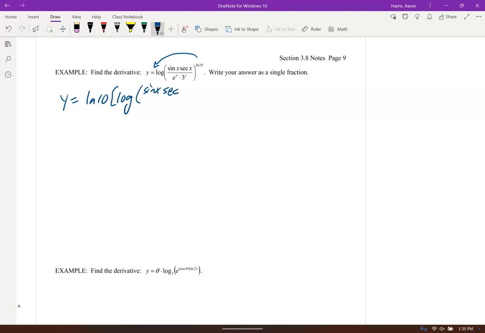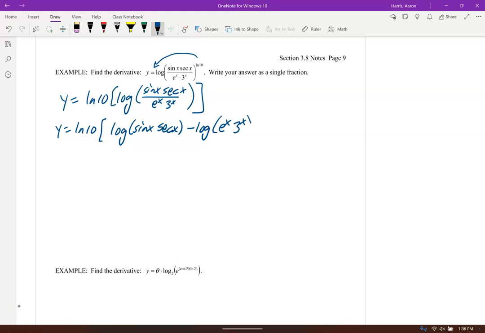Sine secant over e to the x times 3 to the x. And then I'm going to expand that. So I have ln of 10, log of the top, sine secant, minus log of the bottom, e to the x times 3 to the x. Then I'll use my quotient rule.